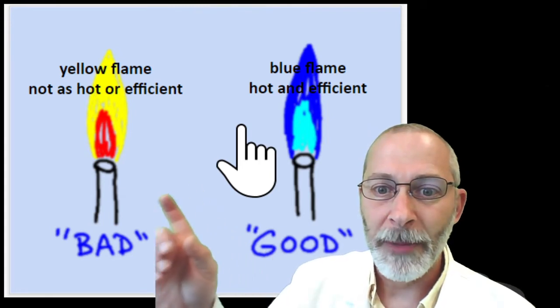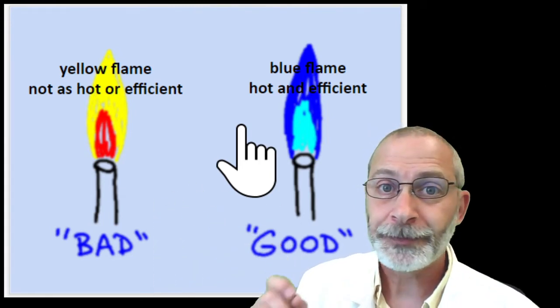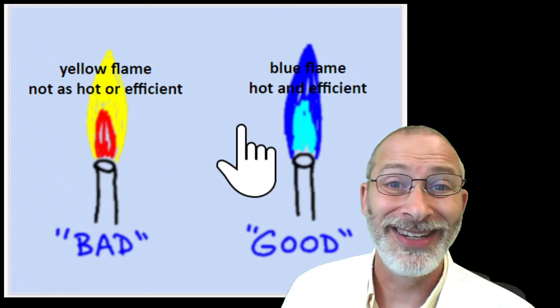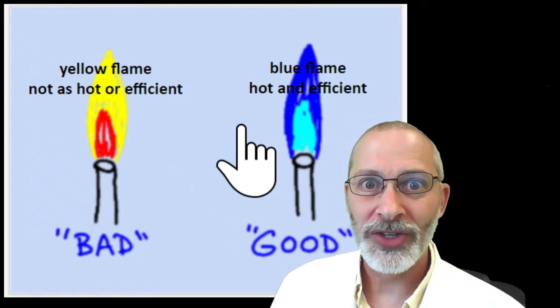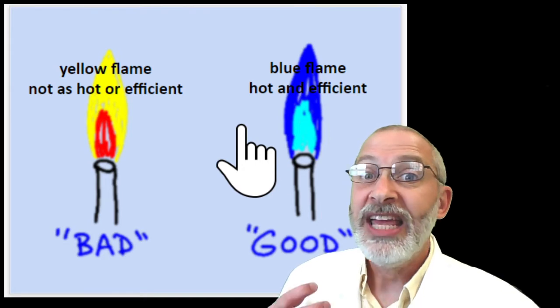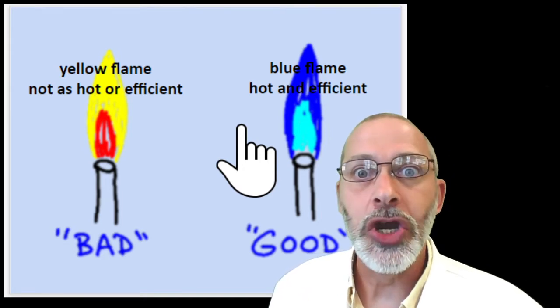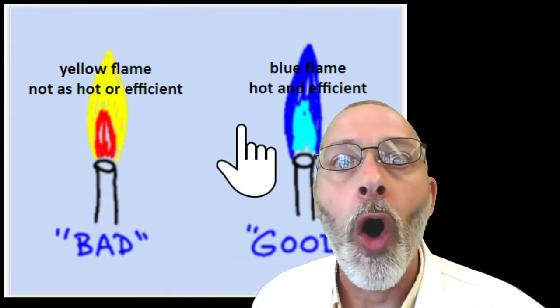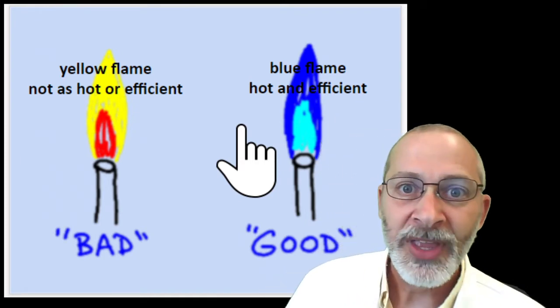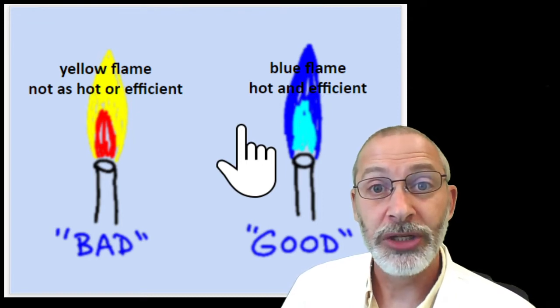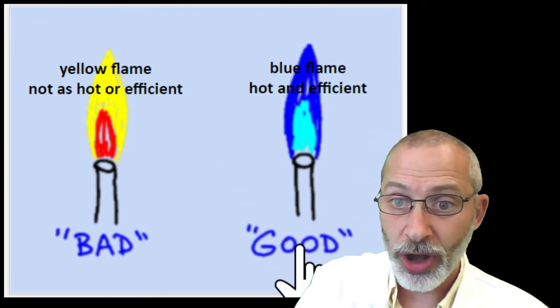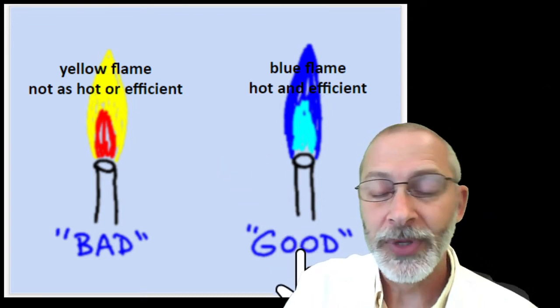Because when we go from a bad flame to a good flame, the more efficient and hotter the flame, the louder the flame also is. So we'll be able to literally hear the roar of the flame as it is burning with a hot and efficient blue flame, which we will call the good flame.